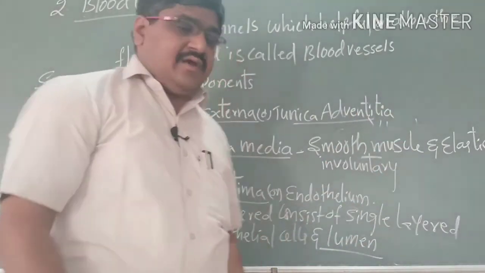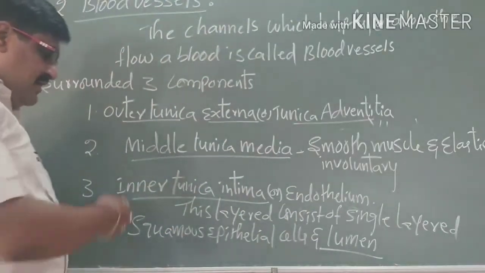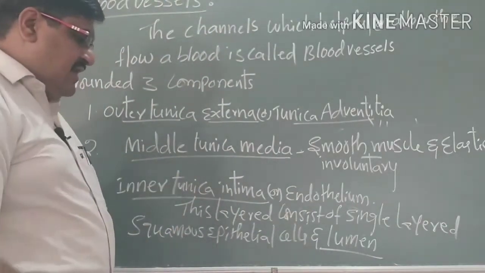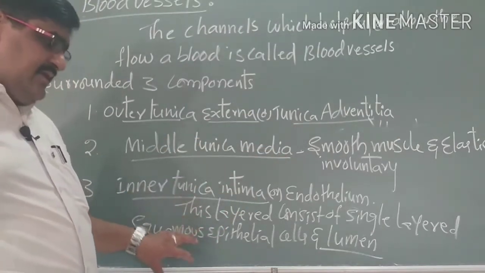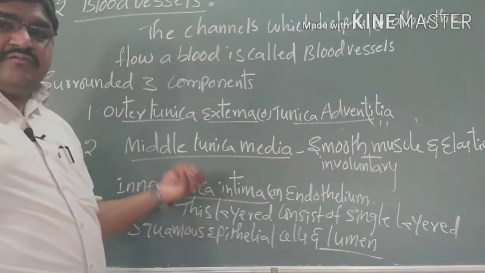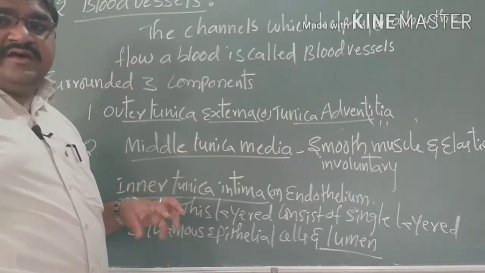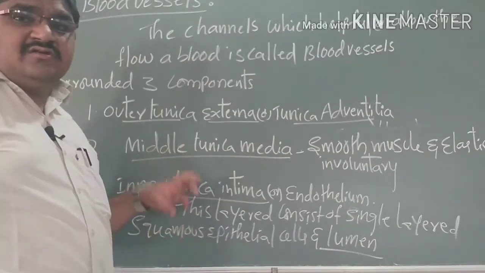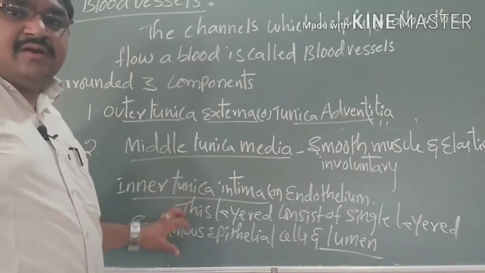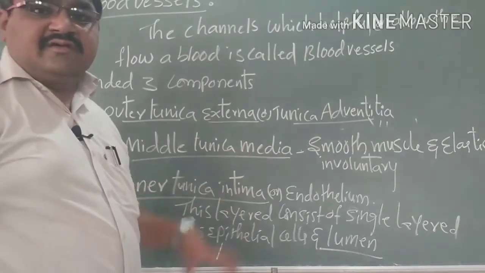The tunica intima consists of a single layer of squamous epithelial cells, and the lumen is present in the blood vessels. So these are the three layers which surround the blood vessels.